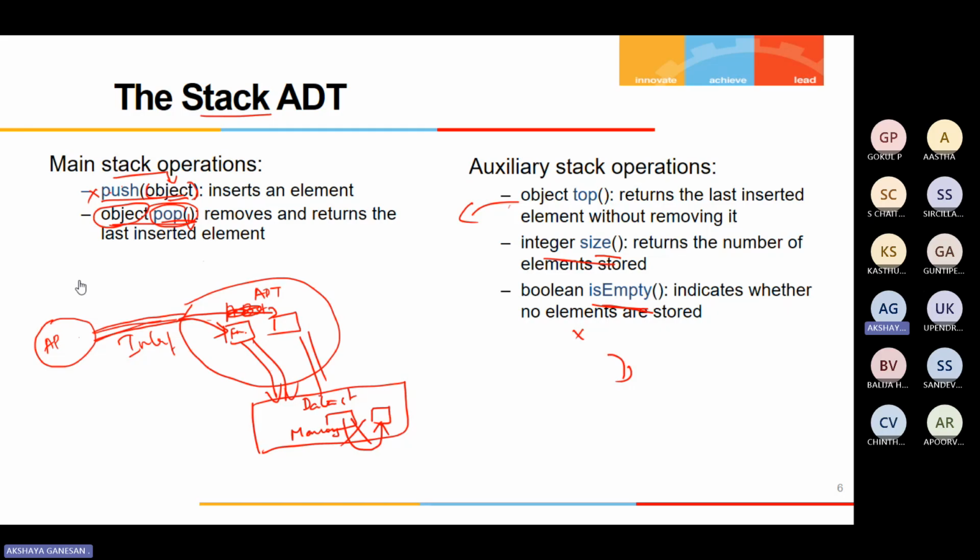I know how to insert a character element into a stack and how to remove it, but I don't need to know how it is happening in the backend. I can just use them as they are. That is what an ADT is about.